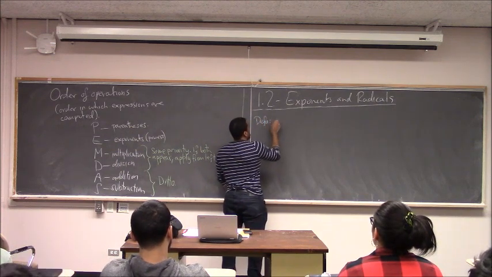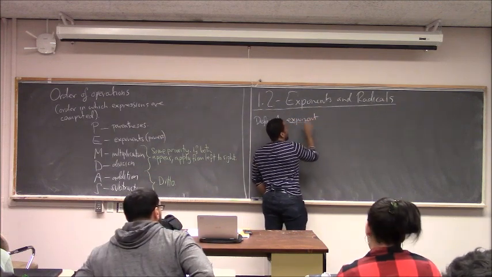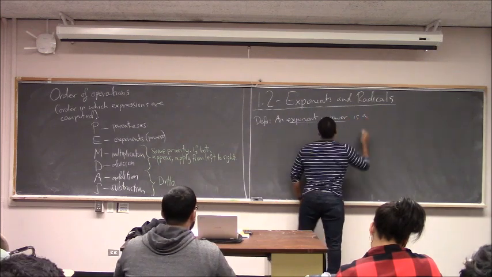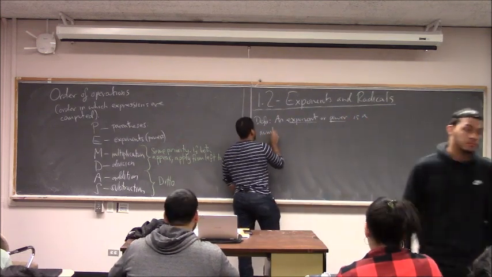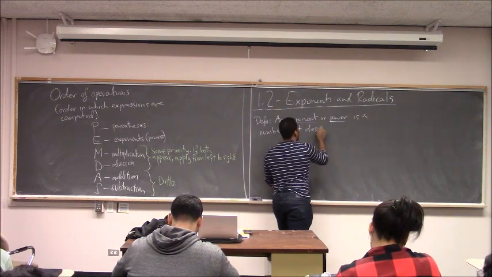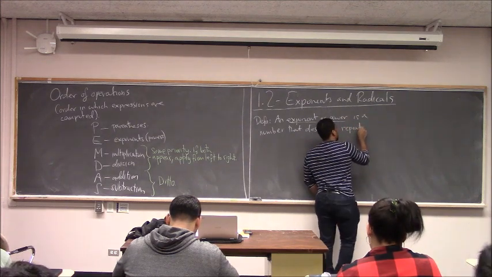Definition. An exponent or power is a number that describes repeated multiplication.